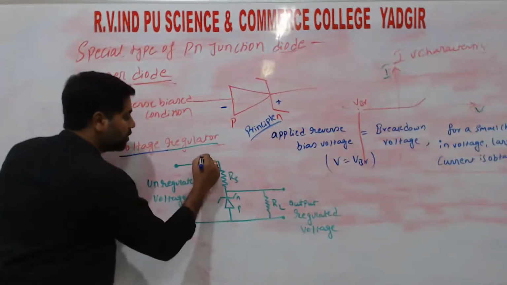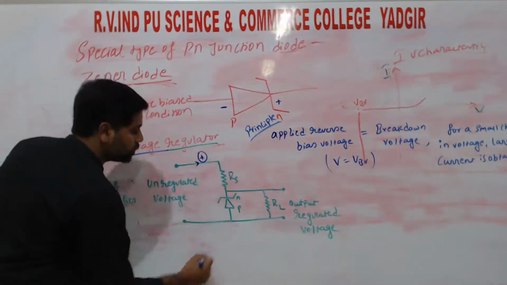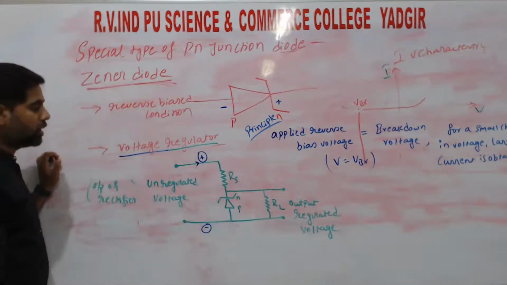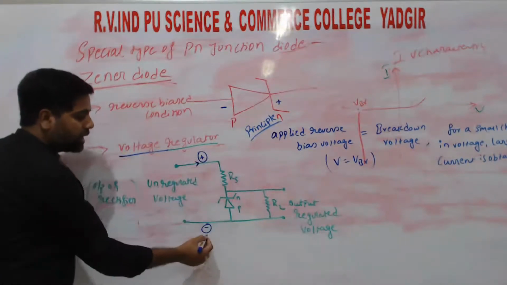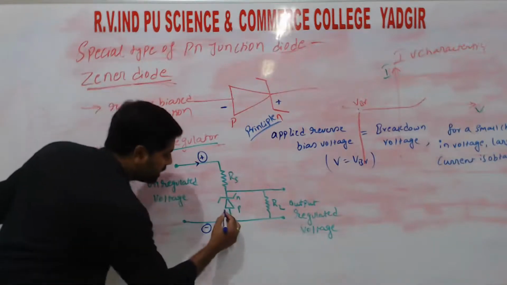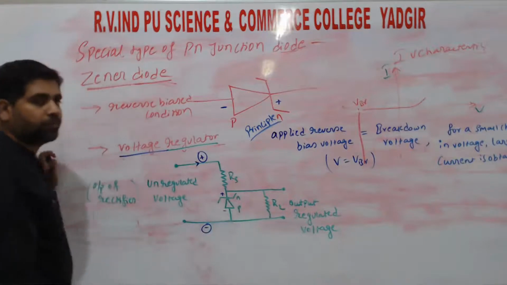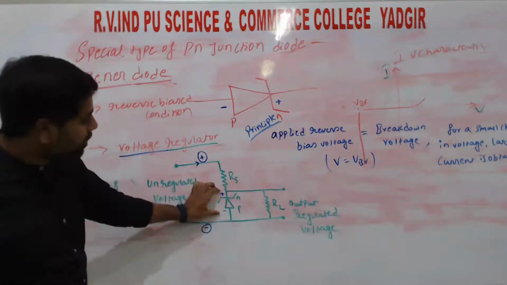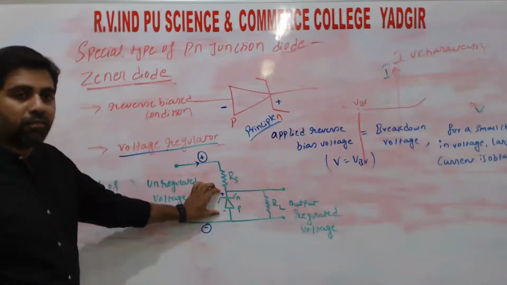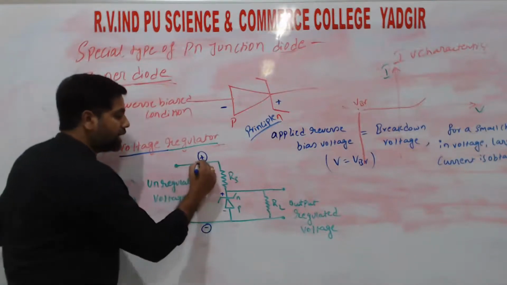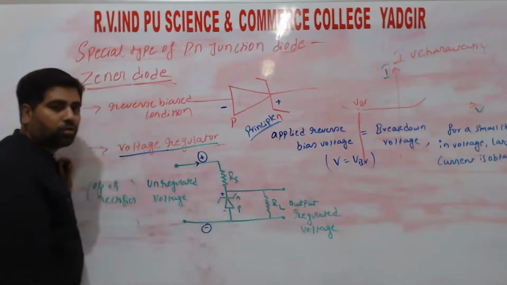So here the applied voltage is positive and here it should be negative, right? So plus and here is minus, then again here we get minus and here we get plus. That means this Zener diode acts as reverse bias, right? So now as current increases in the circuit, right?